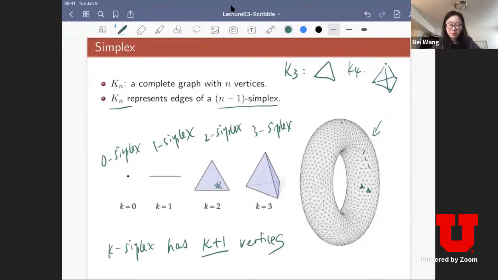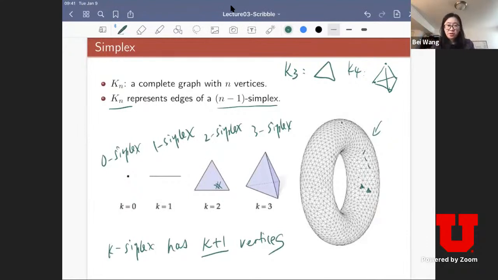Together they describe a combinatorial representation of the surface, and you can operate over those vertices, edges, and triangles for your computation.